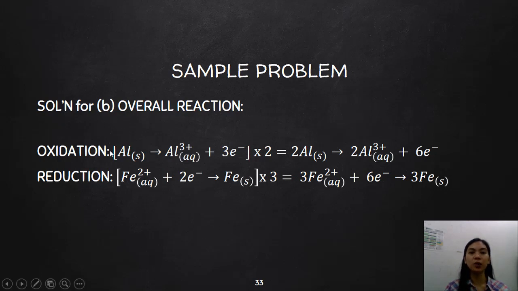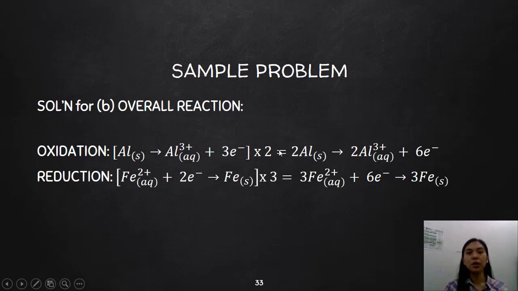Kaya po ang gagawin dito is para balanced yung number ng electrons, this oxidation reaction will be multiplied by 2 and the reduction reaction will be multiplied by 3 para meron kang 6 electrons tapos 6 electrons dito, magka-cancel out sila later on.